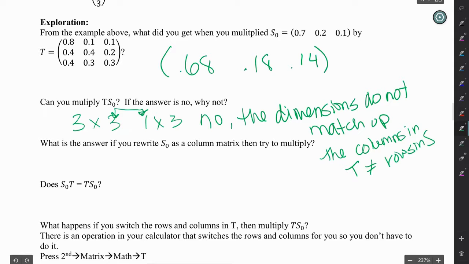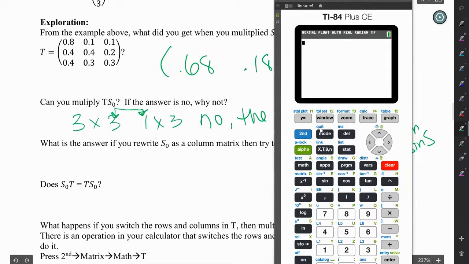If I go back to my calculator and take my matrix, the 1 by 3, I'm going to edit it and make it a 3 by 1. So it was 0.7, 0.2, 0.1.